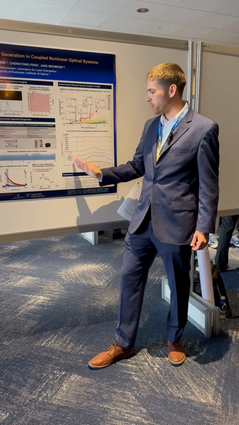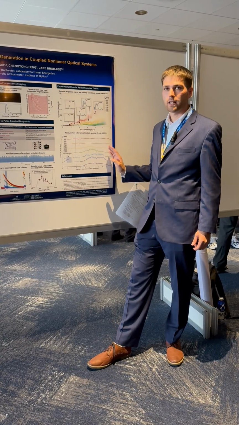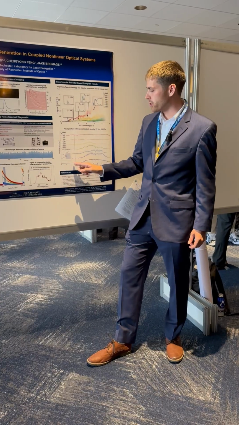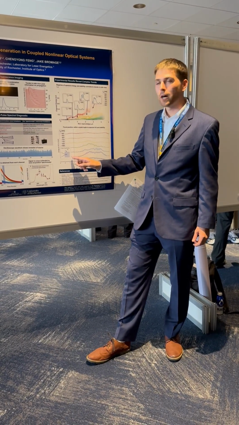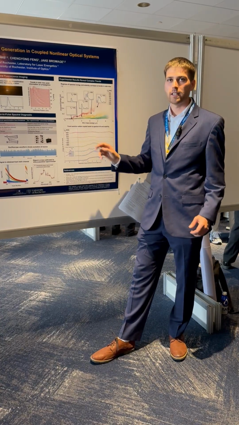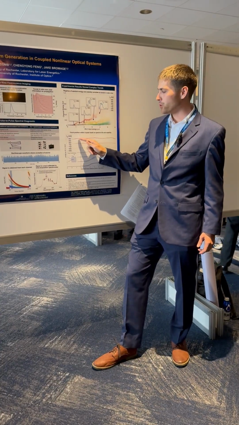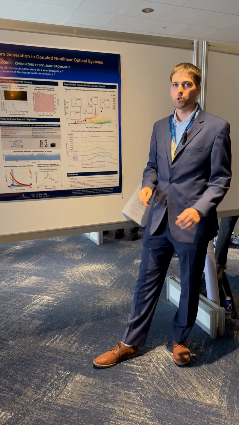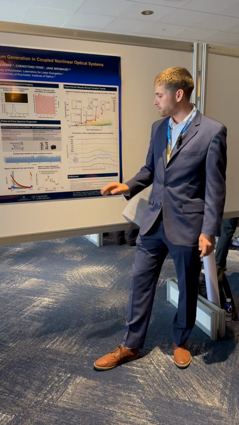As we focus deeper into the crystal, we see different trends in our 7 spectral channels. If we focus before the crystal, we really don't see much spectral broadening. About 1 millimeter before the crystal, we start to see a little bit of broadening coming from the red edge, coming from that main driving wavelength, but the noise is relatively high relative to the pulse signal.